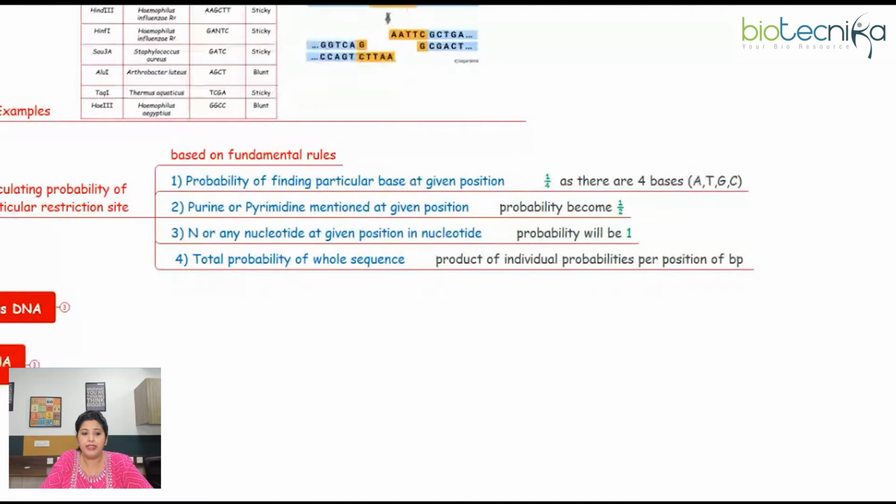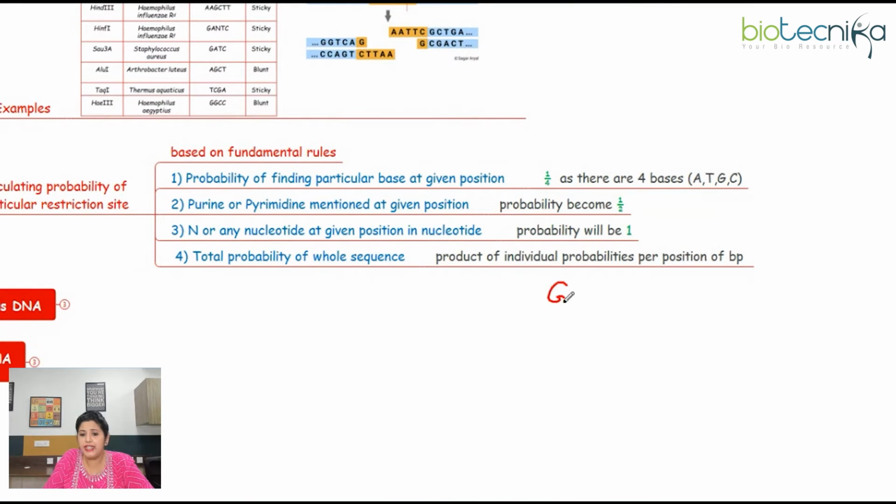So if the recognition sequence is, let's say, GAATTC, the probability of getting a G is an independent event. Probability of getting an A is an independent event. It doesn't depend upon some other base, right? So it's an independent event. Then if you again get an A in the sequence, that is also an independent event.